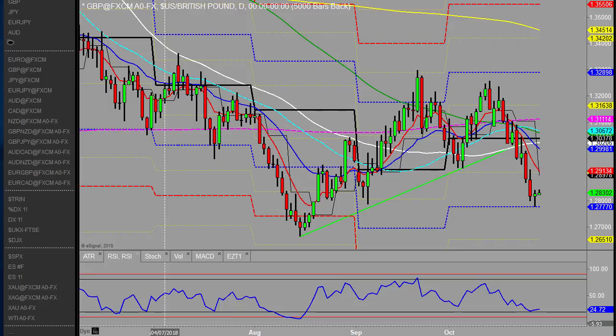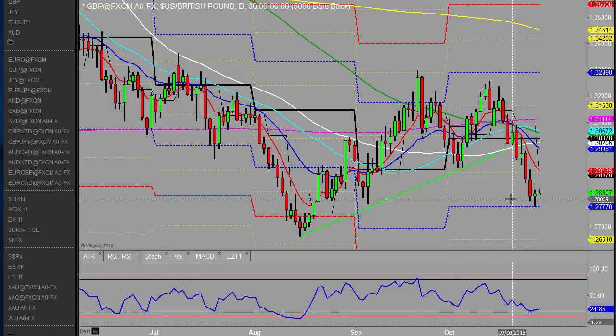Then later for the USA at 1:30 UK time, we've got the core PCE, personal spending, etc. coming out. That does create a little bit more interest, that news at 1:30, because they're looking for inflation and looking at the spending power of consumers. So we may see some volatility around that.